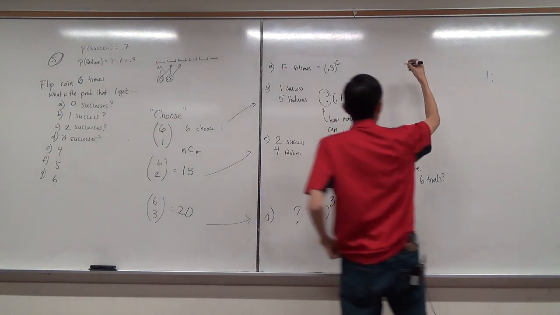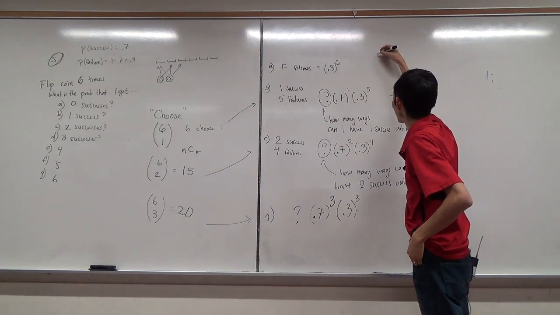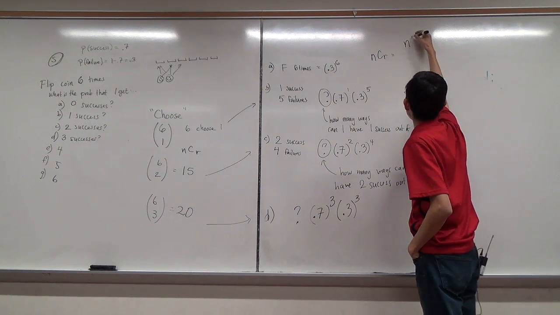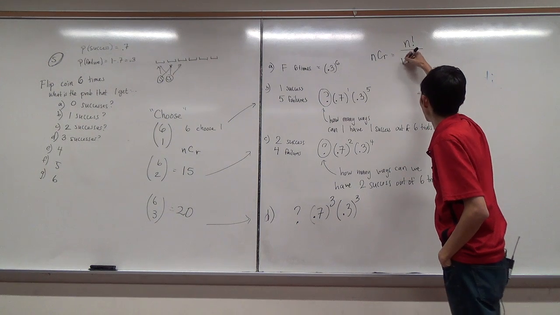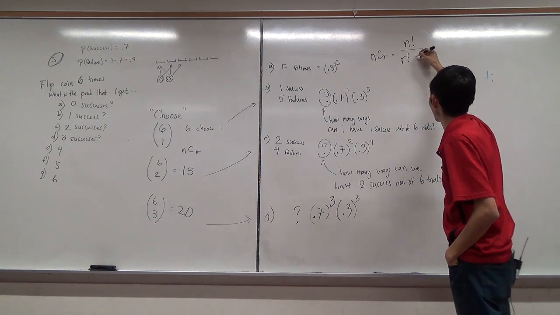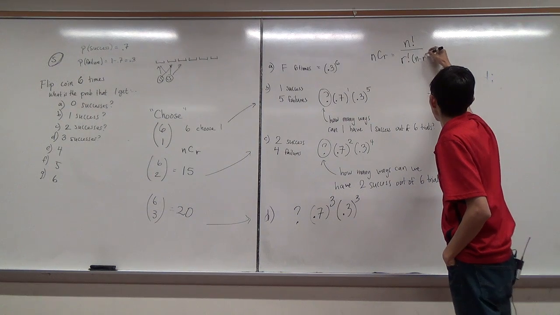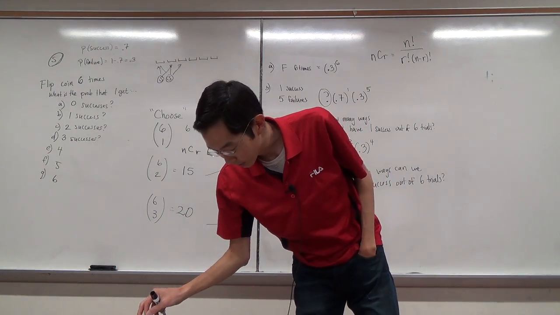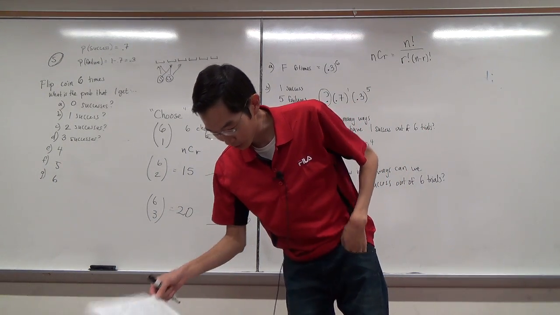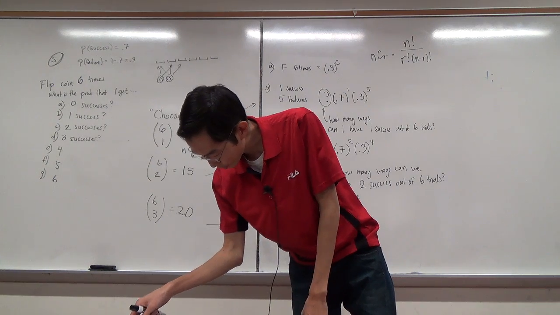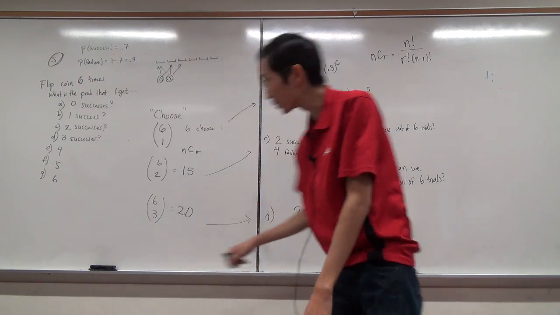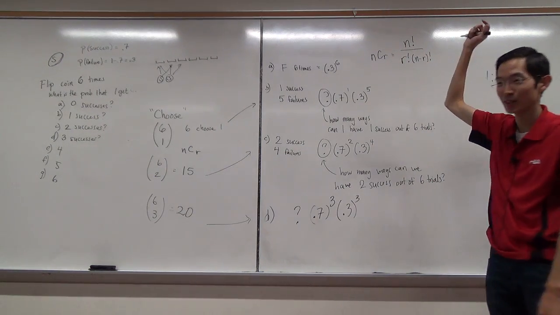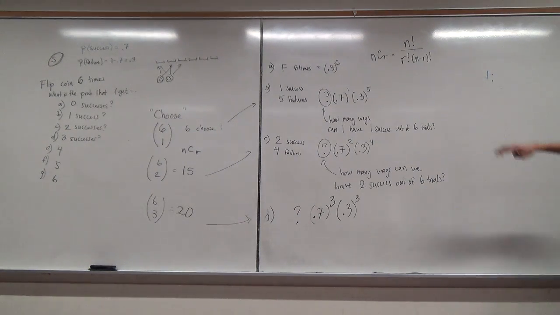If you care about the combinatorics, the formula for NCR is given by n factorial divided by r factorial times n minus r factorial. I probably regret my choice of letters because the book uses x rather than r, so just replace the r with the x.